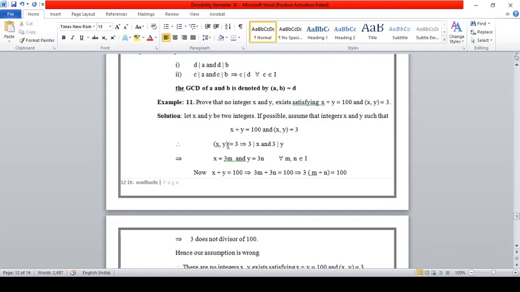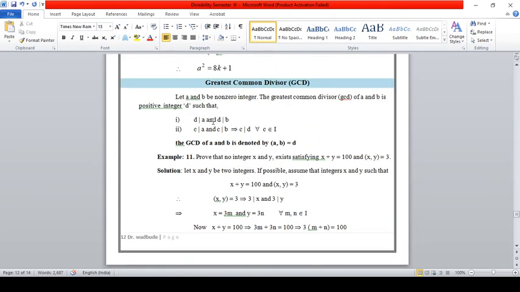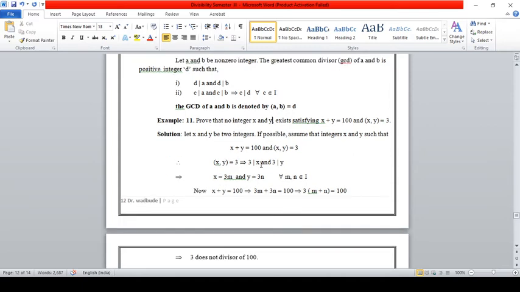GCD is 3, so apply the first condition: 3 is a divisor of the first number x, and 3 is a divisor of the second number y, which follows by divisibility. So x is equal to 3m and y is equal to 3n, where m and n are integers. Now x plus y is equal to 100. Substitute the values of x and y: 3m plus 3n is equal to 100.